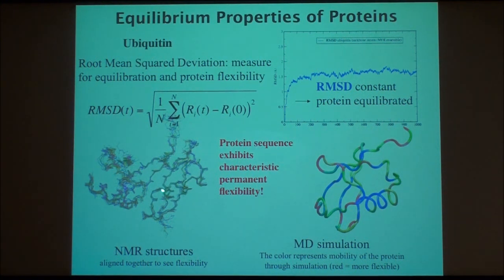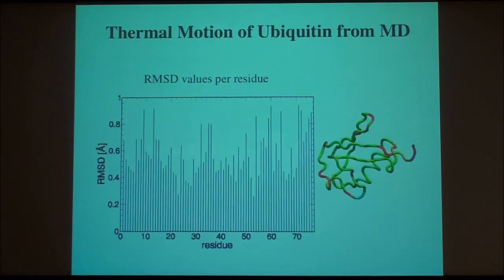NMR is usually done in solution in which you have fairly large conformational fluctuation. It's not in the crystal environment, so you can nicely capture this conformational flexibility in NMR measurements. And that's a nice way to compare your MD with.